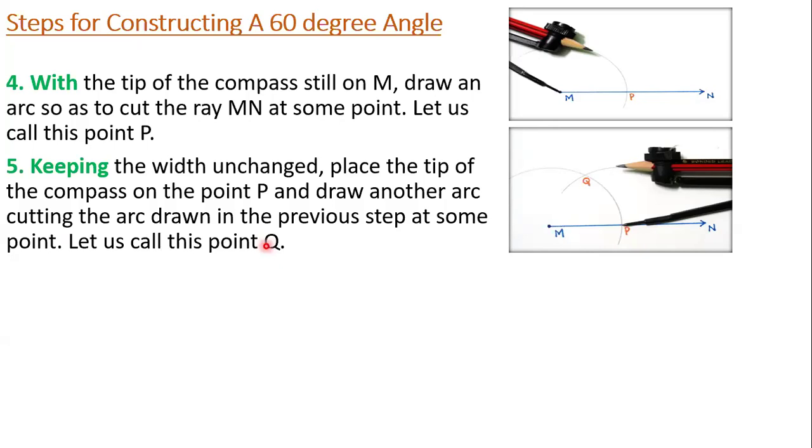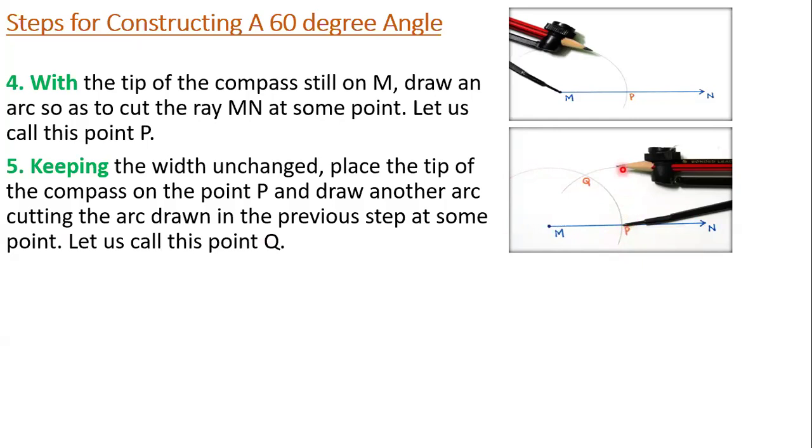Very good. So what do we do in this step? We already have the ray drawn, and we already have an arc which cuts the ray. Now we're going to start at this point P. Please, whatever you do, do not change the compass width.